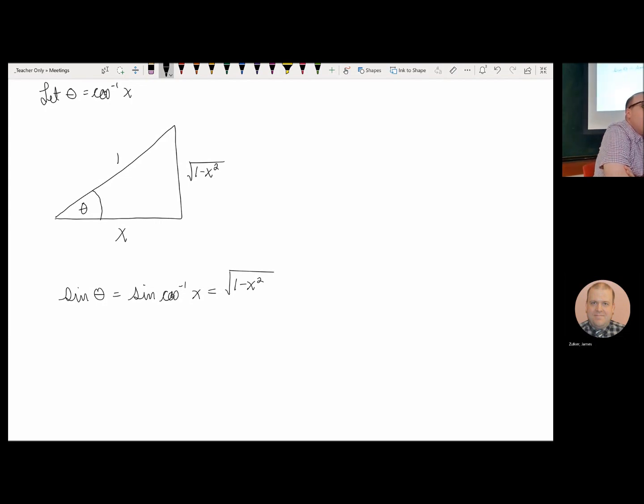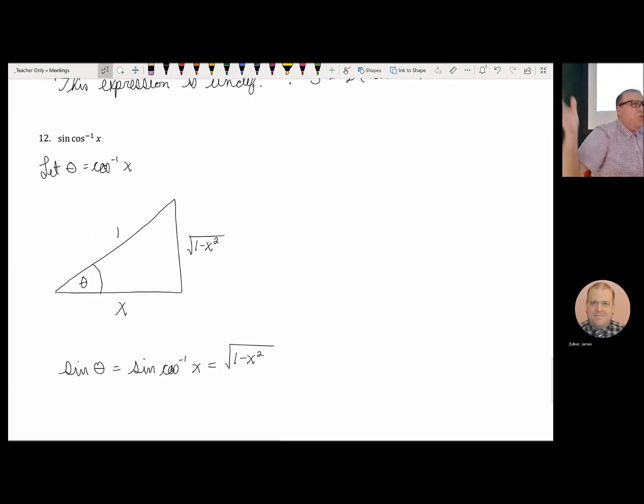So if the expression itself is defined, it can always be simplified. Let's say we're doing an integral in calc 2, and we get sine of inverse cosine of x. That is an unacceptable answer because it can be simplified. It simplifies to the square root of 1 minus x squared.